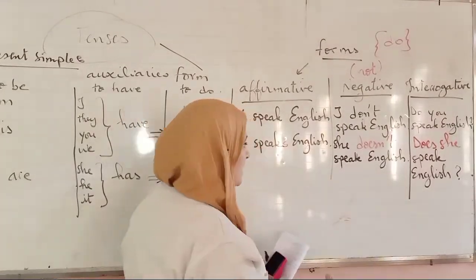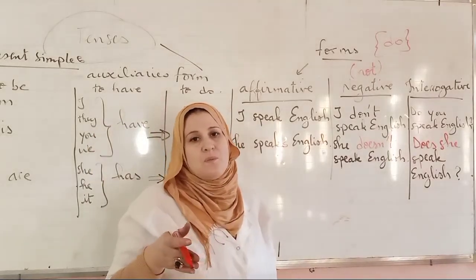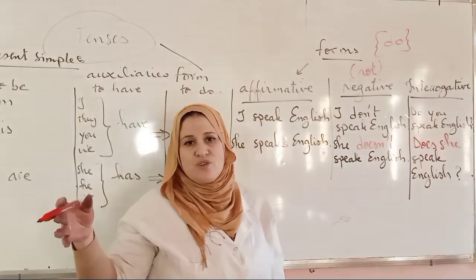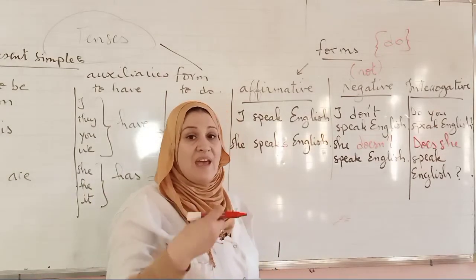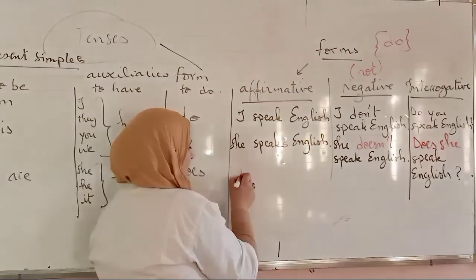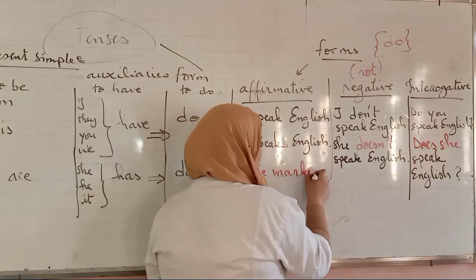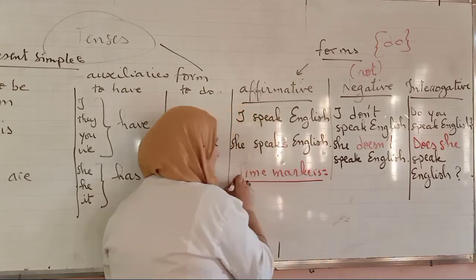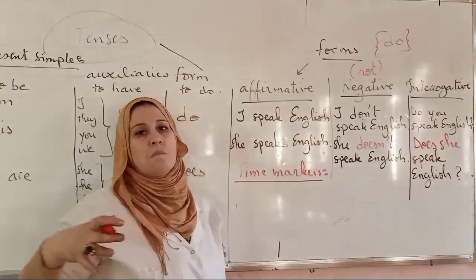Well, now how do I know that I have to put present or past or future or whatever? So in the sentence, we have time markers. These time markers are here to help you to decide which tense to use. So each tense has its time markers.